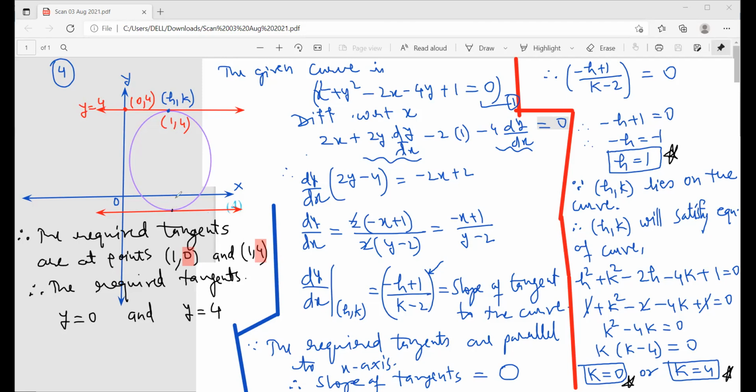This circle I would have to shift a bit, so that this tangent which I have here is coinciding with the x-axis, because this point is on x-axis. So the equation of x-axis is y equals to 0. It is the same thing that you are doing for both. You're just writing y equals to this number and y equals to this number. Y equals to k. That completes the solution.